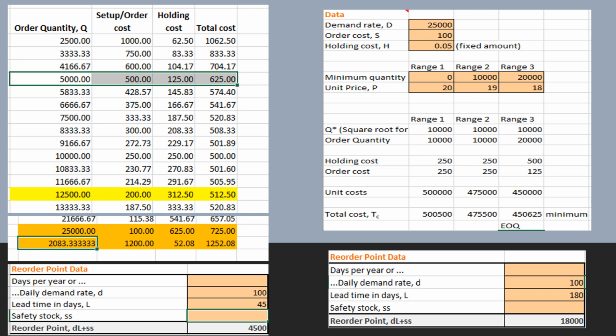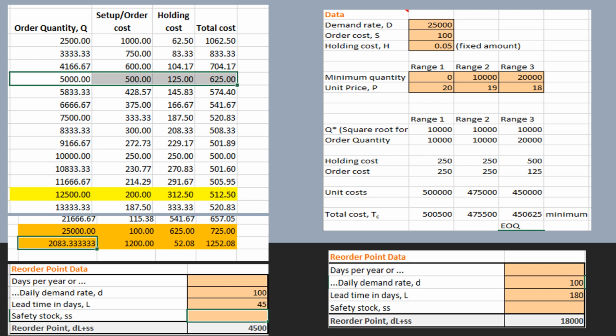Okay? The next question is for the quantity discounts. We have 3 price ranges. For 0 to 9,999, we have a price of 20. Starting 10,000 to 19,999, there's a discount, so the price is just 19.